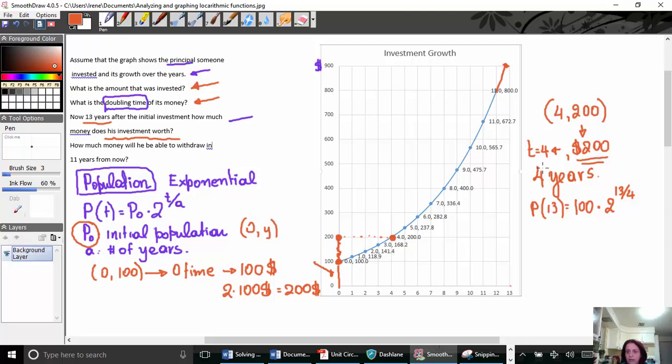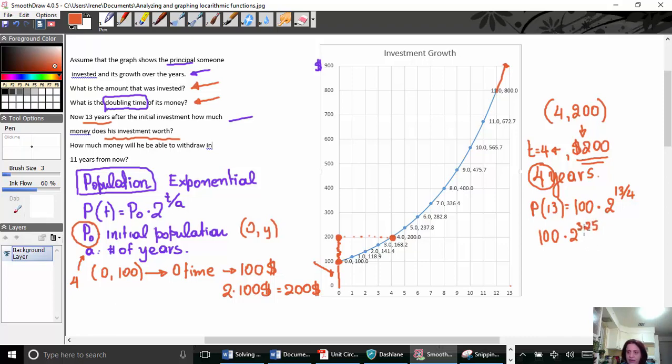Why 4? Because 4 is the number A, the number of years for the initial investment to double. So we are looking for 100 times 2 to the 13 over 4. Now, 13 over 4 is 3.25.